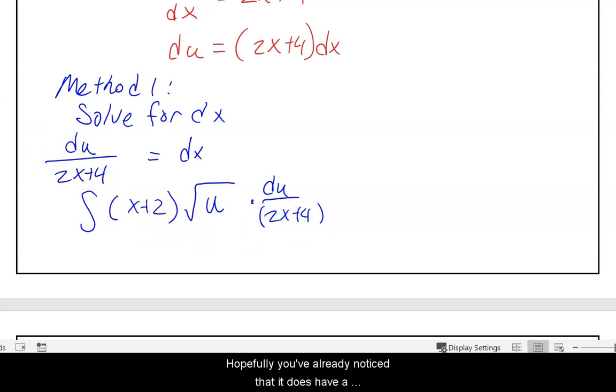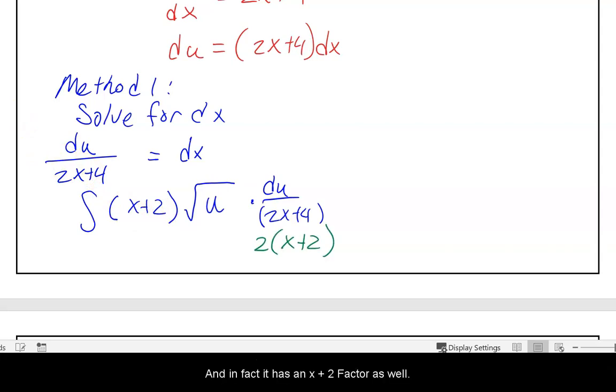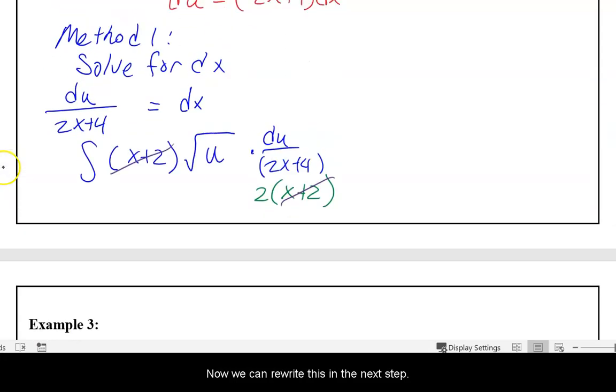Hopefully you've already noticed that it does have a common factor of 2, and in fact, it has an x plus 2 factor as well. That will allow you to cancel out the x plus 2 binomial factors and will leave behind the constant factor 1 divided by 2. Now we can rewrite this in the next step.